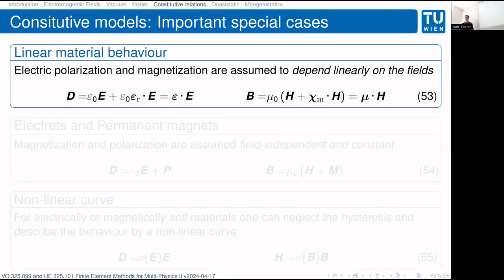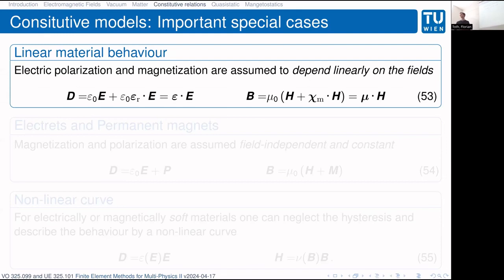So what material models are common and useful? As a simple case, the linear material behavior. You say your dielectric field intensity is made up by the epsilon 0 part, and then a part that is described by a relative permittivity times the E field.